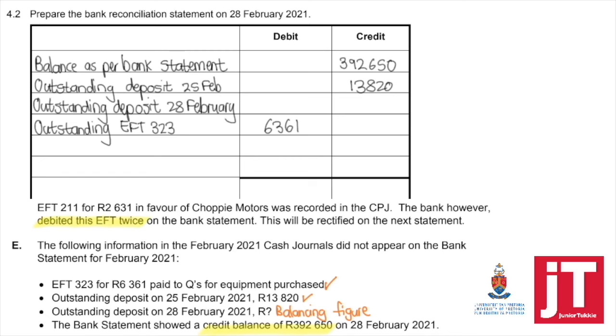Now, EFT 211, remember, the bank made a mistake. They debited our bank account twice, which means they've incorrectly debited it. Now they will need to credit that with 2,631.